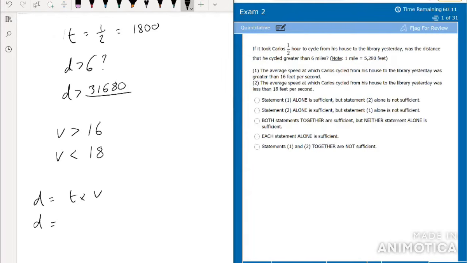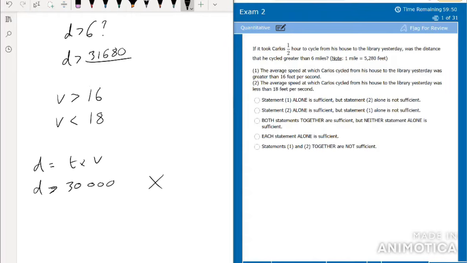So all we know is d is greater than 30,000-ish for 1, which doesn't tell us enough. And v is less than 18. Well, 18 times 18, I believe that's 324. 18 times 15 is 270 plus, yep, 324. And so all we can say is d is less than that. So one is not enough because it's greater than 30,000. It's also less than, so actually both of them together are not sufficient.